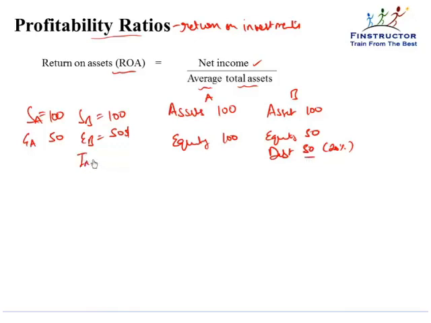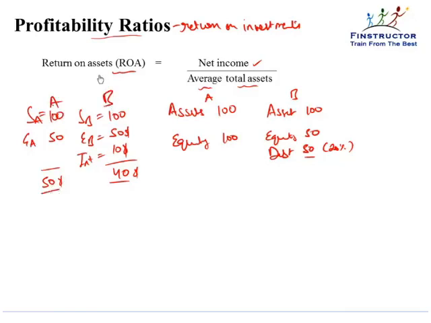So the interest cost for company B is another $10, giving a net profit of $40 in case of company B, and $50 in the case of company A. Please note we're ignoring tax here.